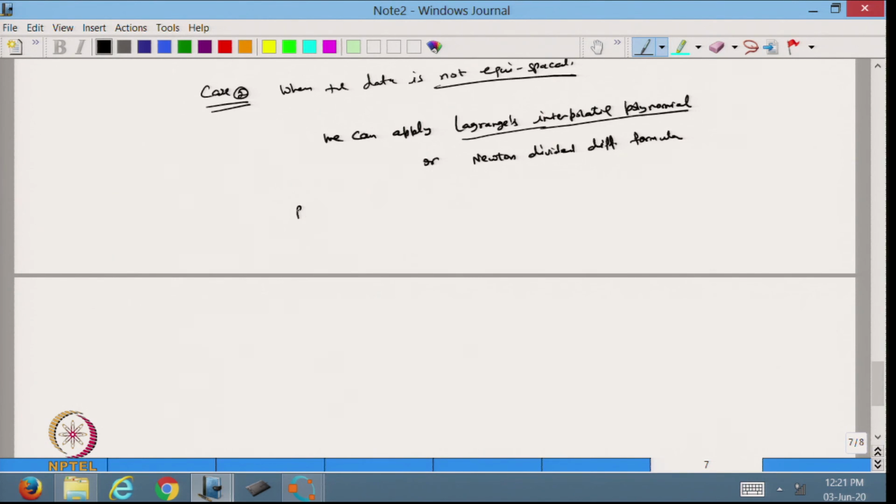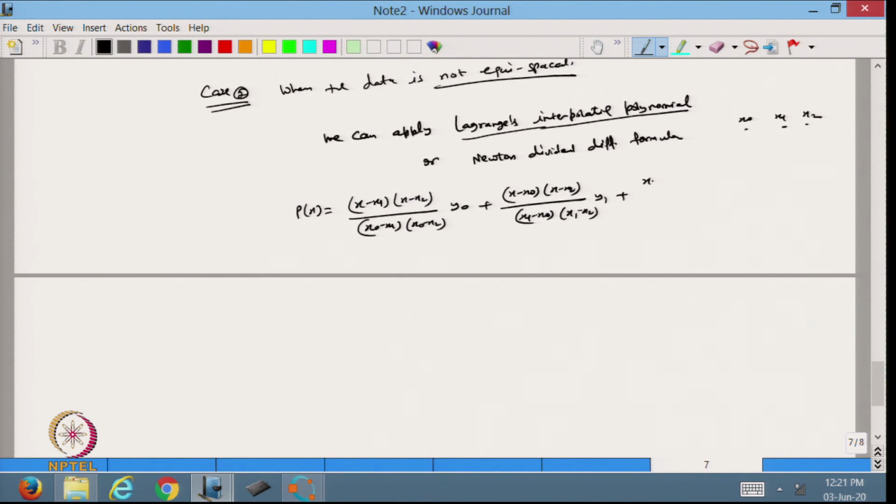So, I have the polynomial maybe (x minus x1)(x minus x2) by (x0 minus x1)(x0 minus x2) y0, and so on, up to (x minus x0)(x minus x1) by (x2 minus x0)(x2 minus x1) y2.